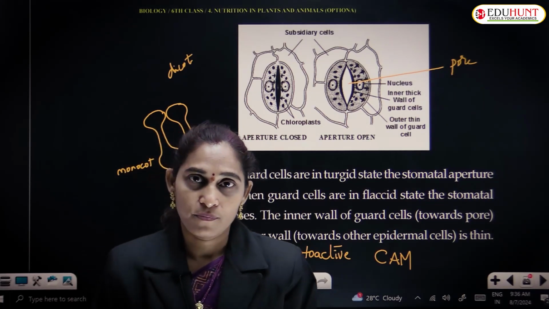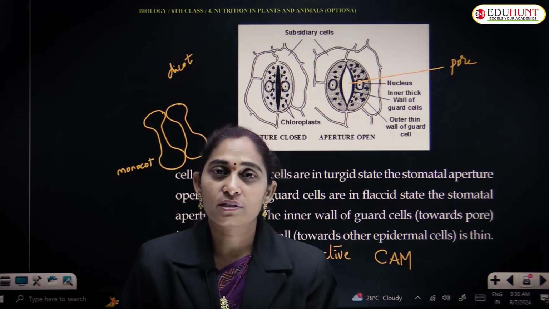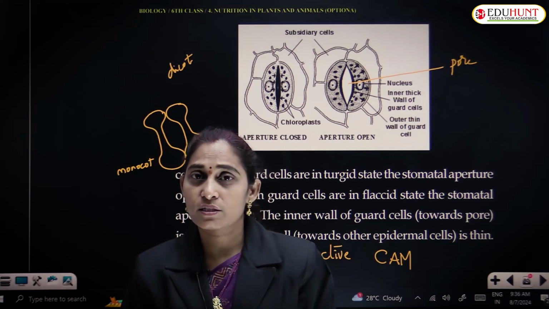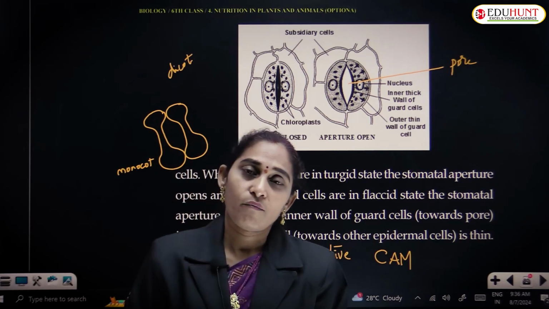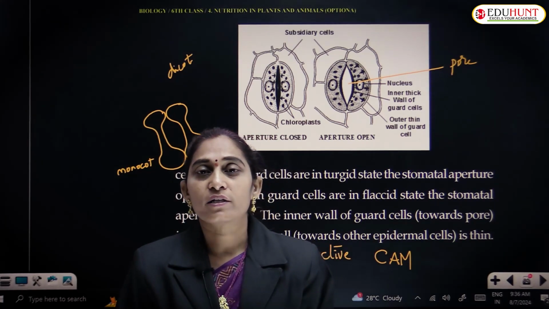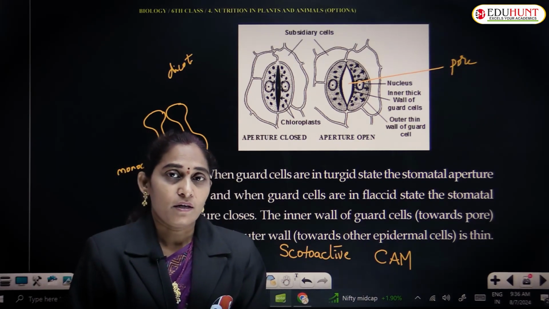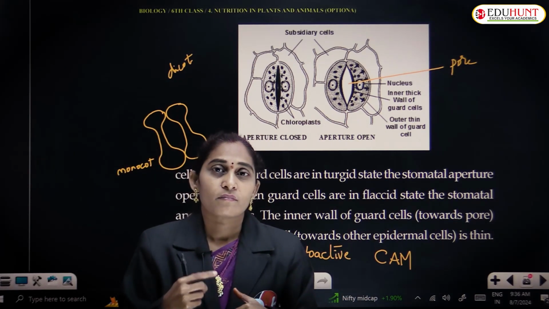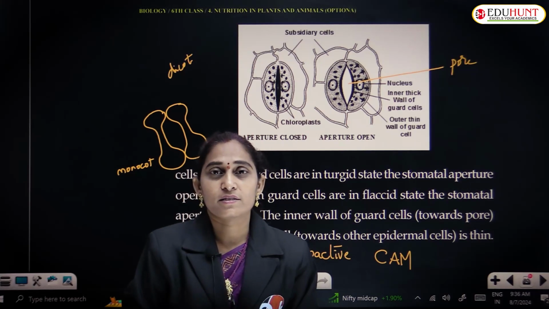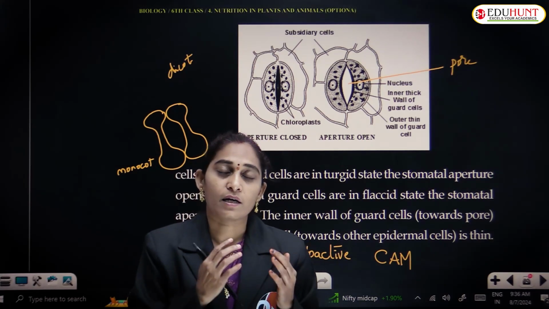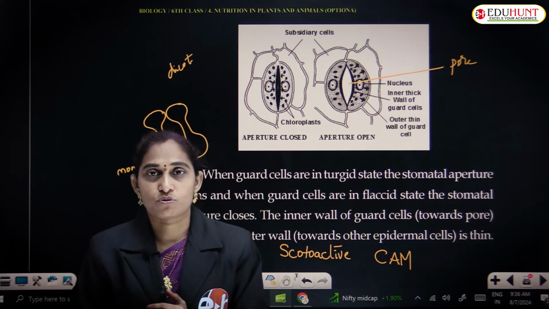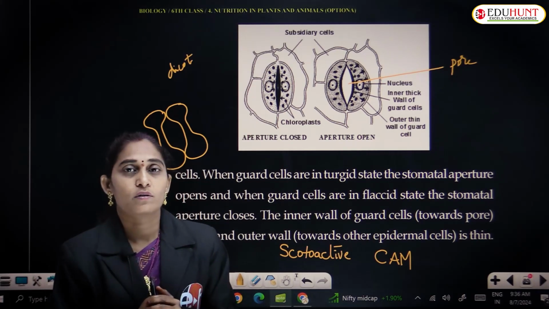What is the product of photosynthesis? That is glucose. When it is dissolved in water, the water potential in the cell comes down.